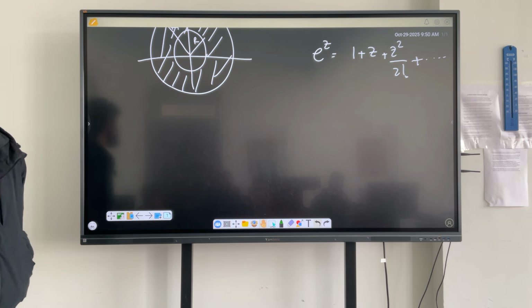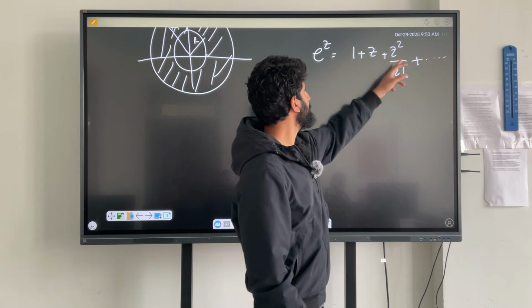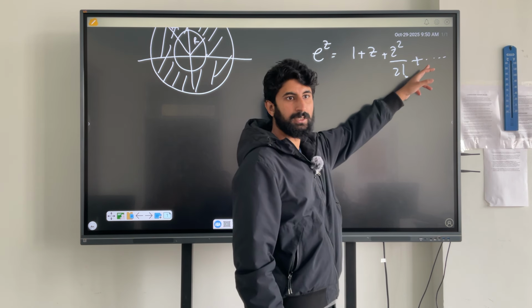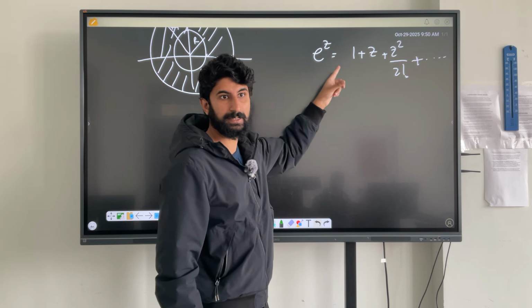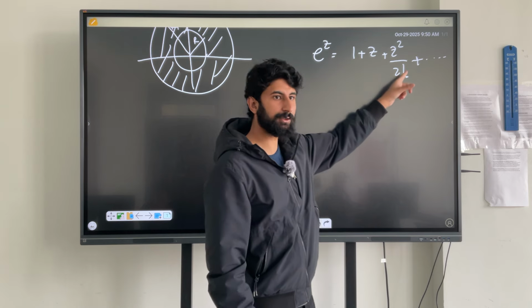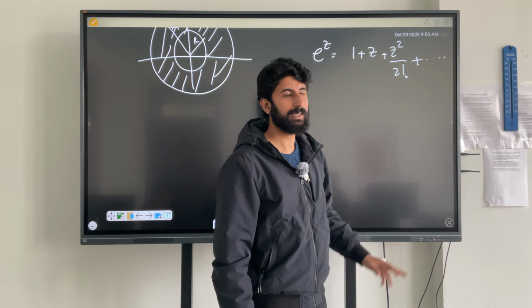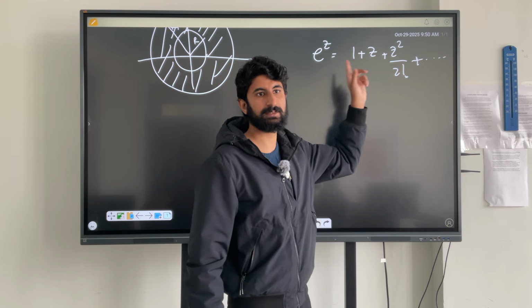And how did I guess that this converges everywhere? If you forget about this representation of the function and look at e power z, you know it gives finite answers everywhere. And this has to be equal to this because it's analytic and I can do those derivatives. Therefore this sum should always give me a finite answer.